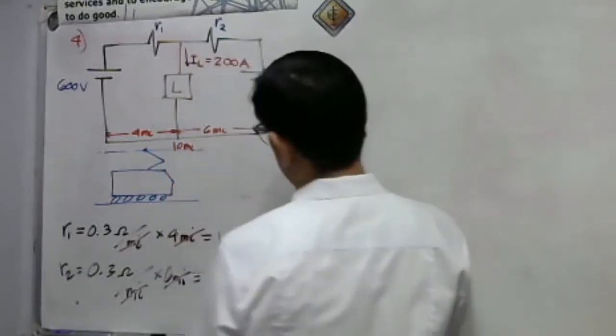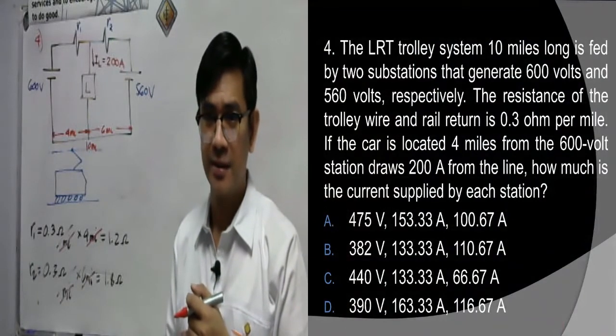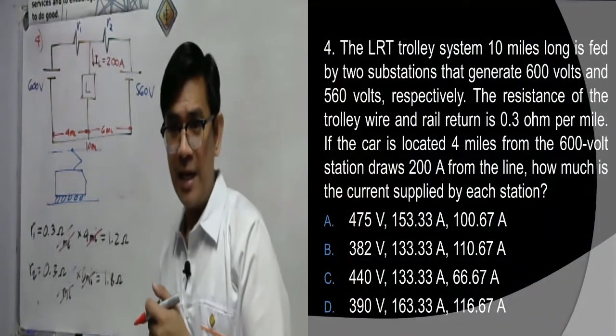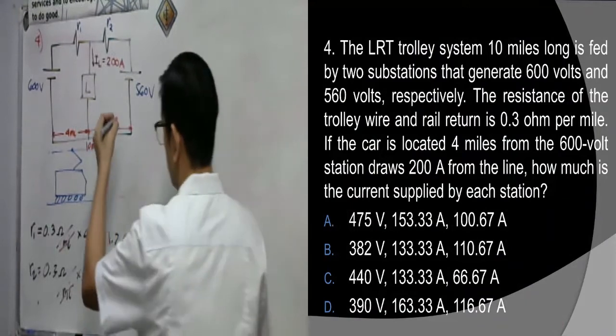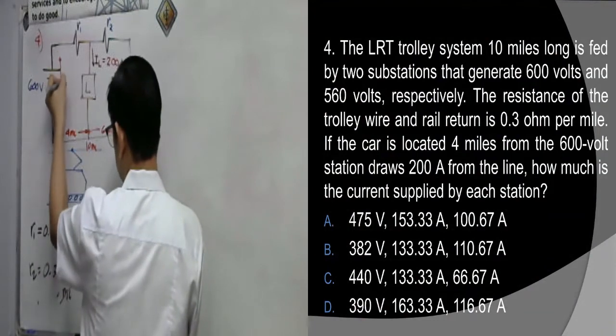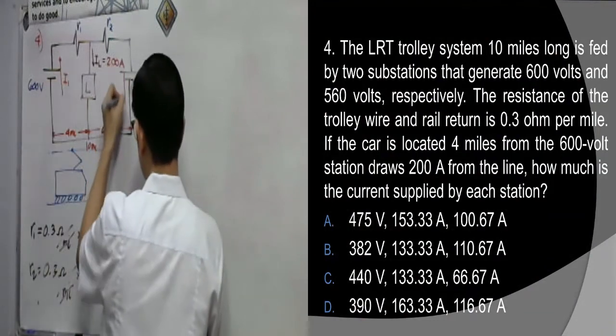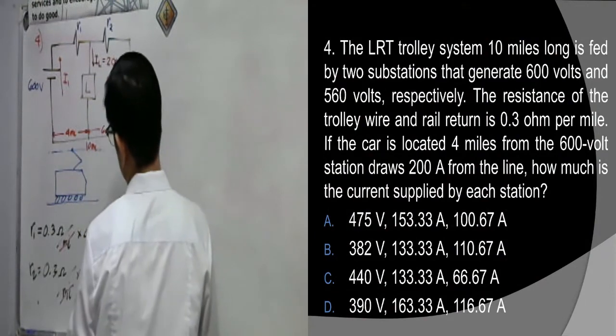From the line, how much is the current supplied by each station? So let's say we have here current I sub 1, then we have here current I sub 2.